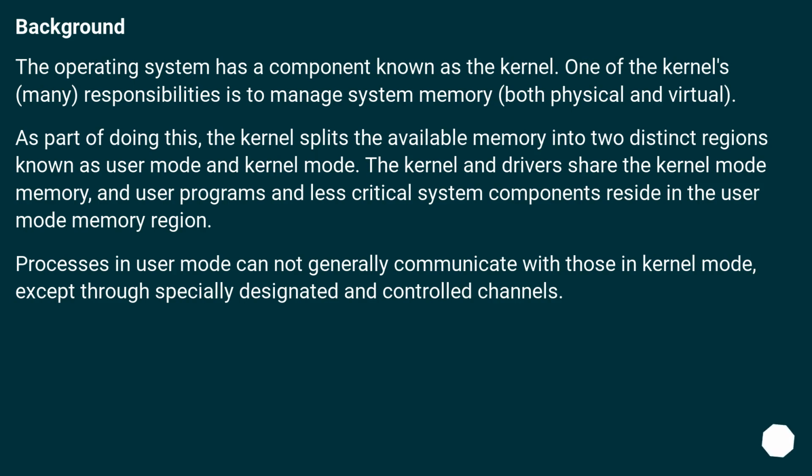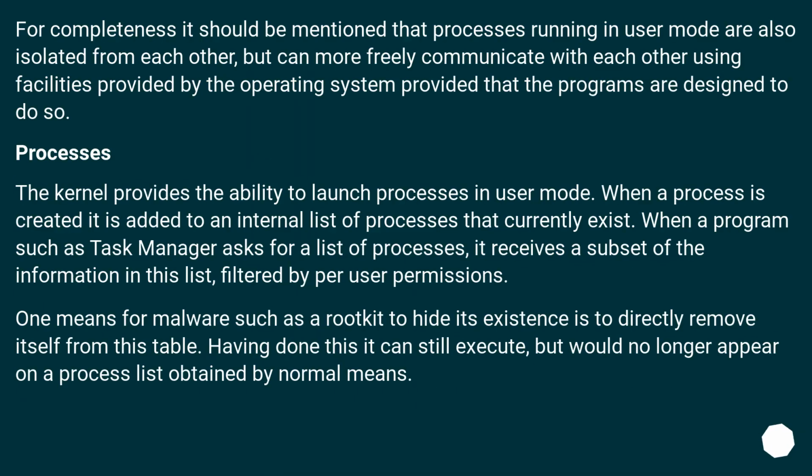Processes in user mode cannot generally communicate with those in kernel mode, except through specially designated and controlled channels. For completeness, it should be mentioned that processes running in user mode are also isolated from each other, but can more freely communicate with each other using facilities provided by the operating system, provided that the programs are designed to do so.